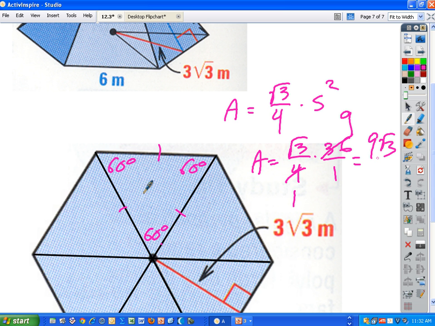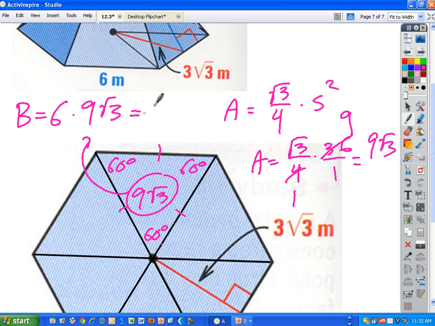So that's the area of that triangle, multiplied by 6. So the total area of the base then is just 6 times that. 6 times 9 is 54. So 54 root 3. Okay, does that make sense? That works. That's fine.